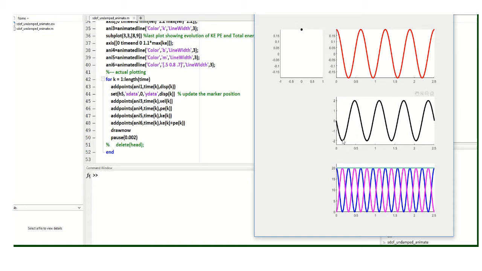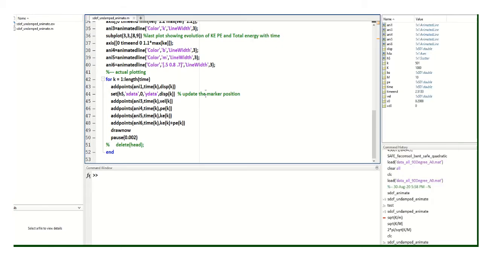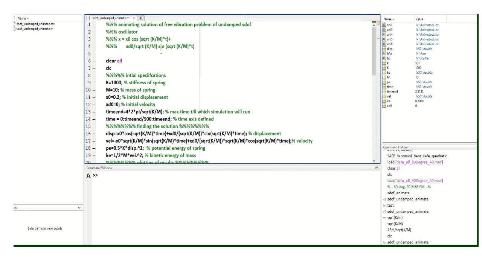The second graph is the velocity variation, and as you know, for this graph, which is the displacement, since there is no initial velocity, the displacement should have only this much of the expression. There won't be any contribution coming from this side, as x dot 0 is 0.